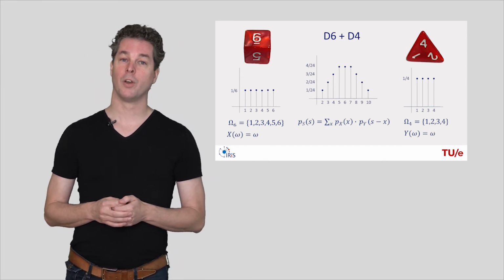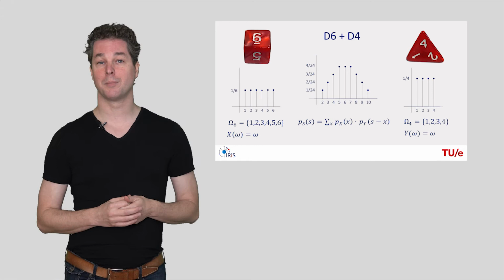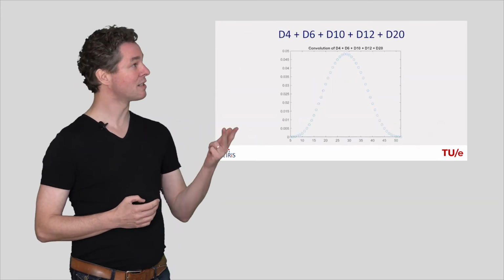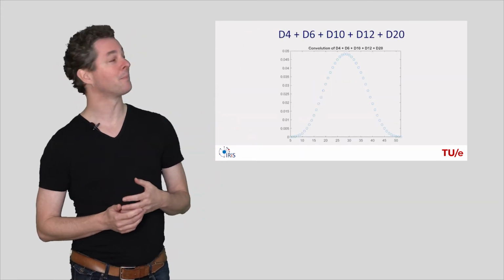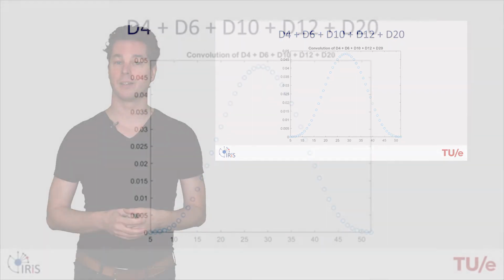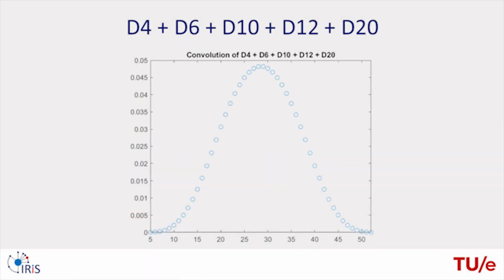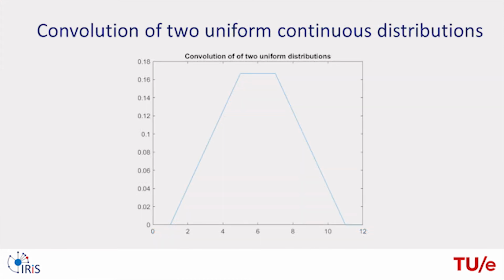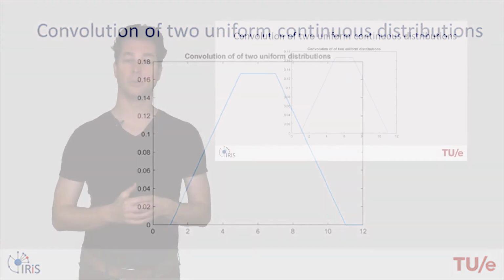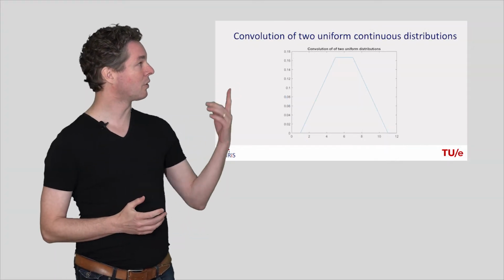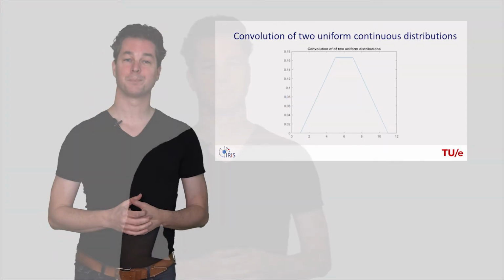If you actually do it for all the dice that I have in my D&D pouch, a d4, a d6, a d10, a d12 and a d20, then you get this combined probability mass function. And you can do the same as well if you have continuous probability density functions. For example, if you combine two uniform distributions, then you get this nice shape.